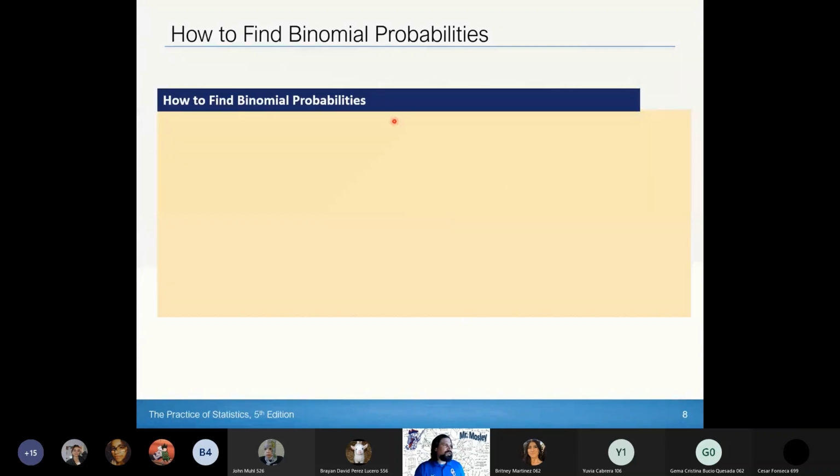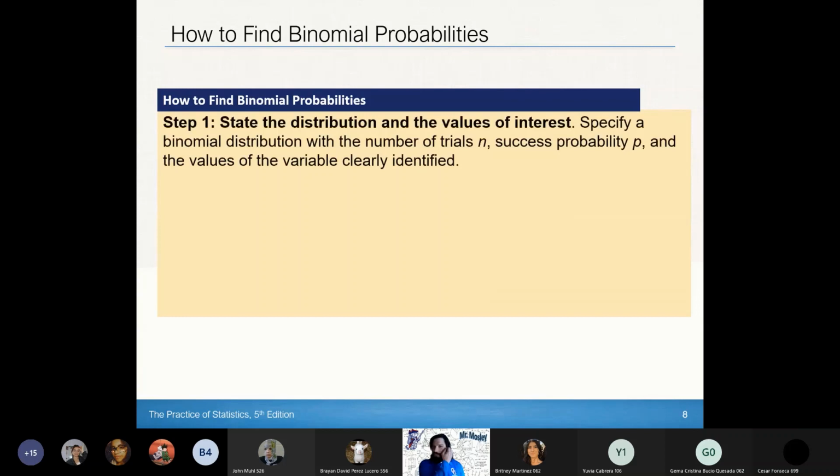So then, how to find binomial probabilities? We have some steps. Step 1. State the distribution and the values of interest. Specify a binomial distribution with the number of trials n, success probability p, and the values of the variable clearly defined. Don't use things without saying what they are first.